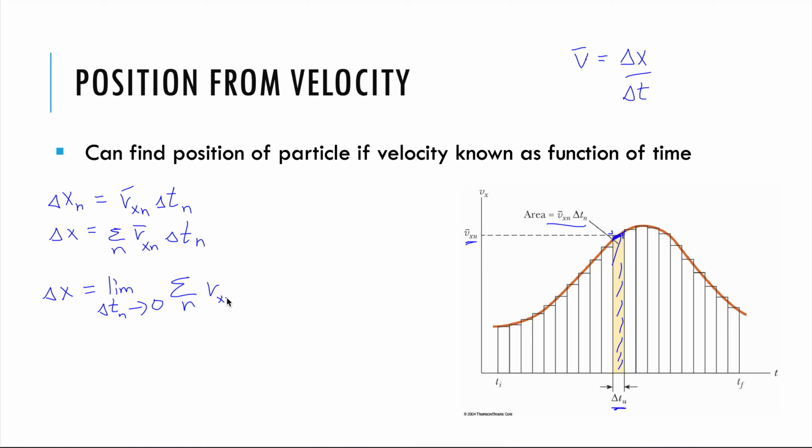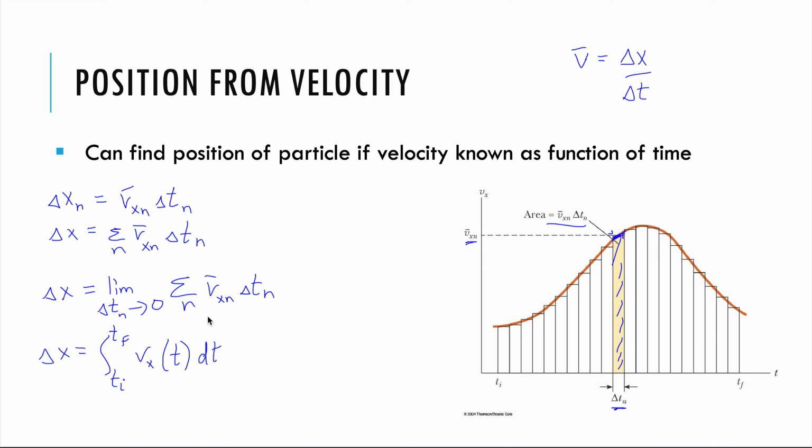And we know, hopefully we know, that when you take a limit of a sum, we get a definite integral. And the definite integral is going to be the integral from t initial to t final of our velocity function. We're calling it v sub x just because it's along the x direction. We're just dealing with one dimension here.